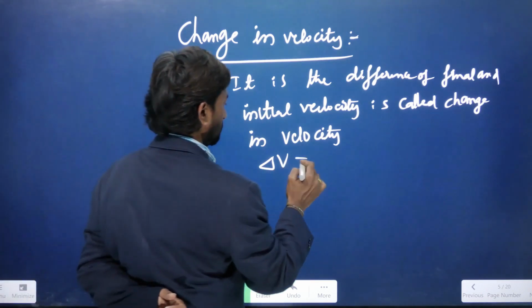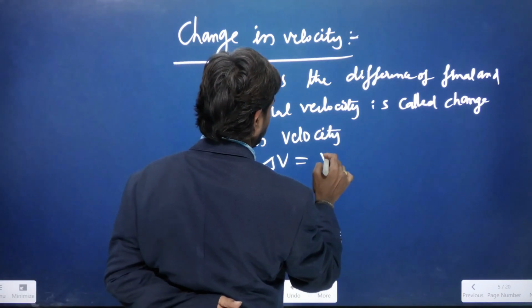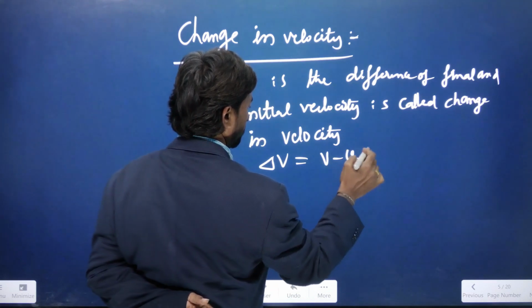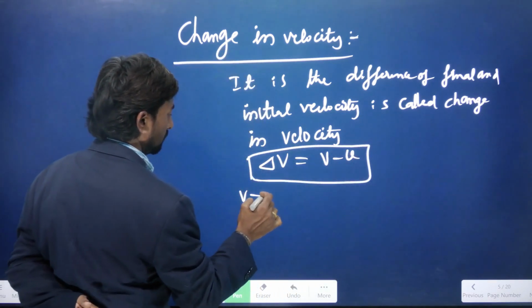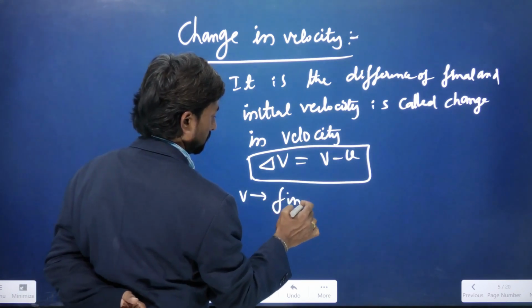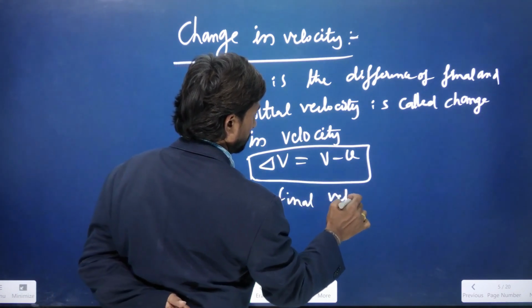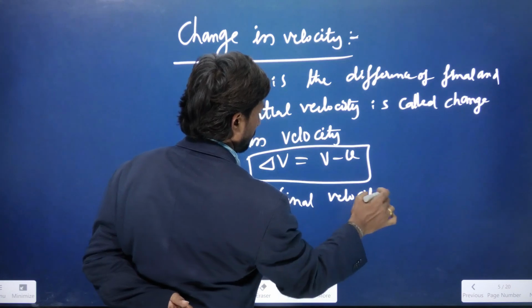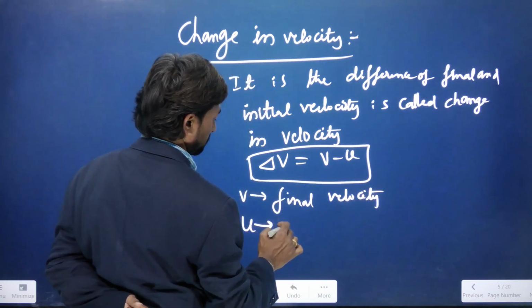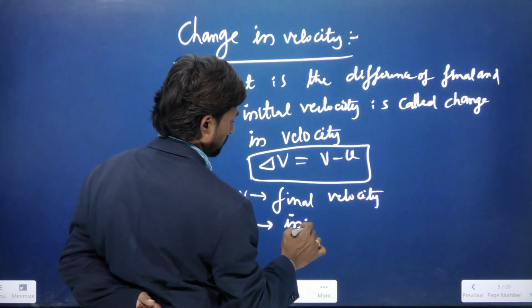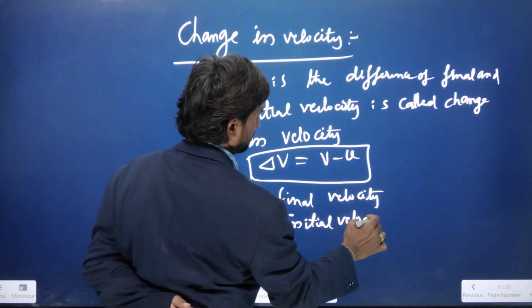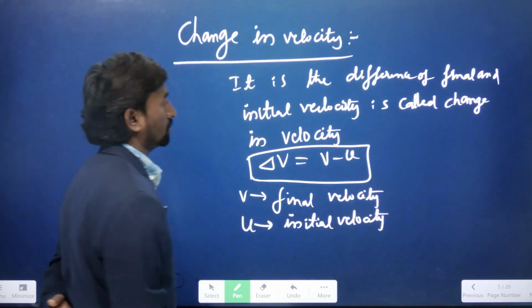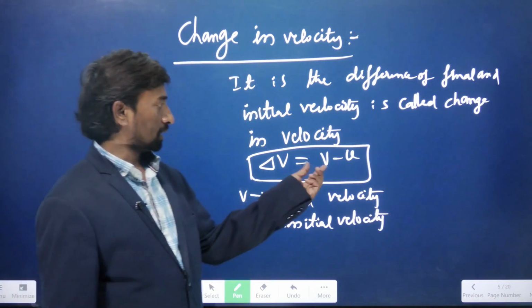So it can be written as: the final velocity is denoted by V and the initial velocity is denoted by U. So V is the final velocity and U is the initial velocity.